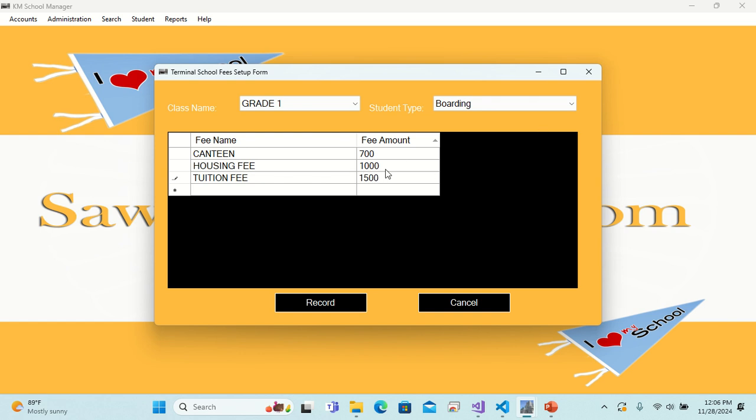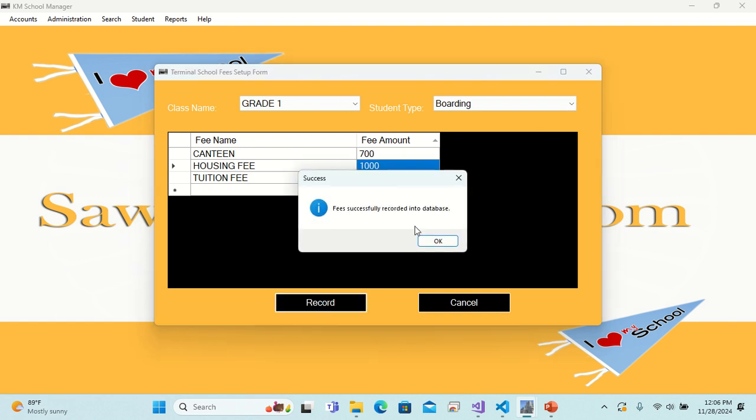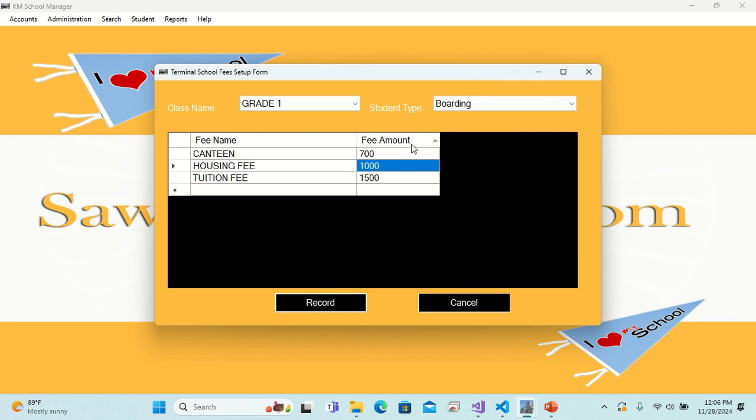That's a lot, right? So you put them together, and this is the fee for grade one boarding, assuming that we have a boarding for grade one. So we are done. Basically we've applied this fee to everyone in grade one whose class is boarding, right?